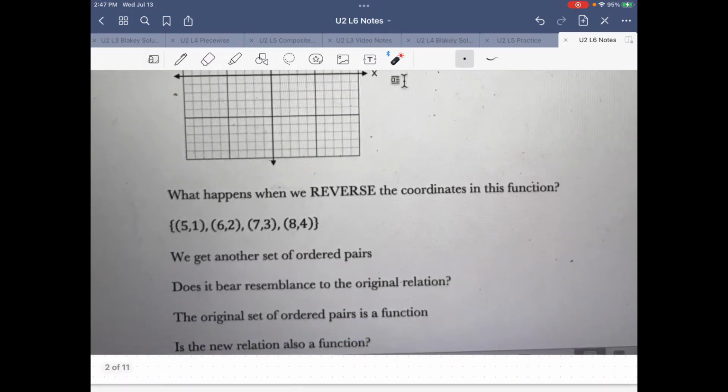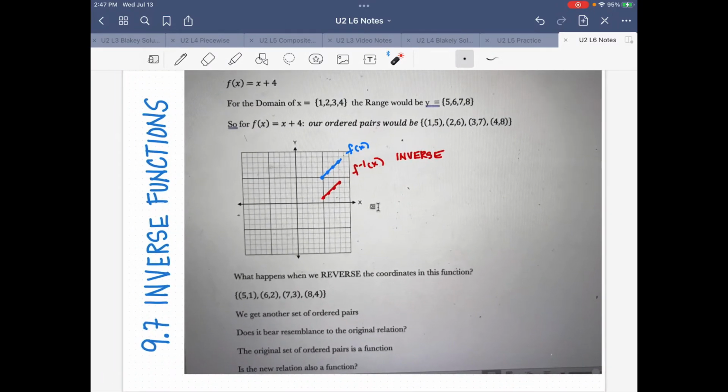So let's go ahead and define inverse relations real quick.